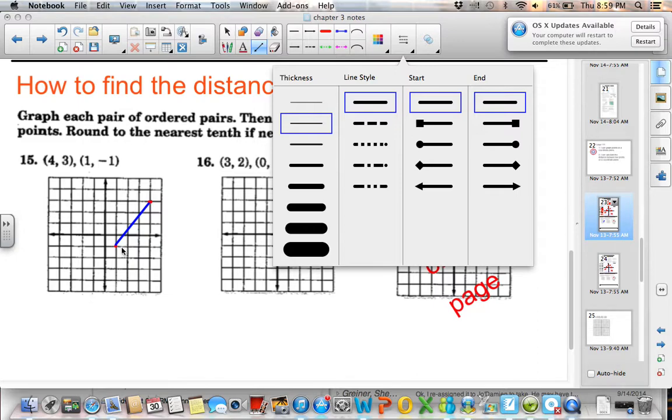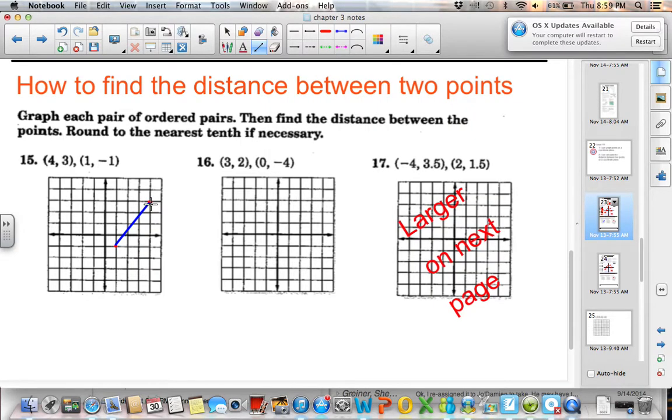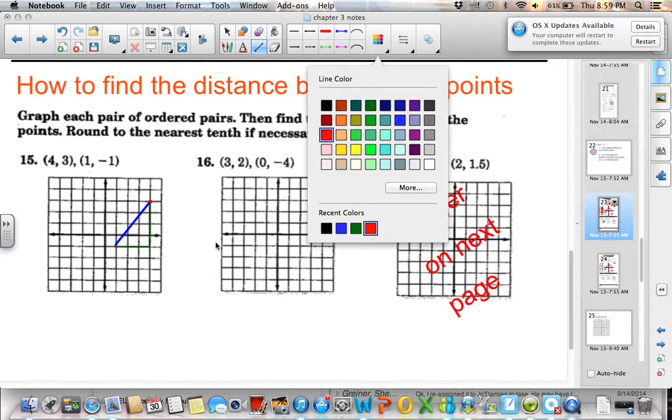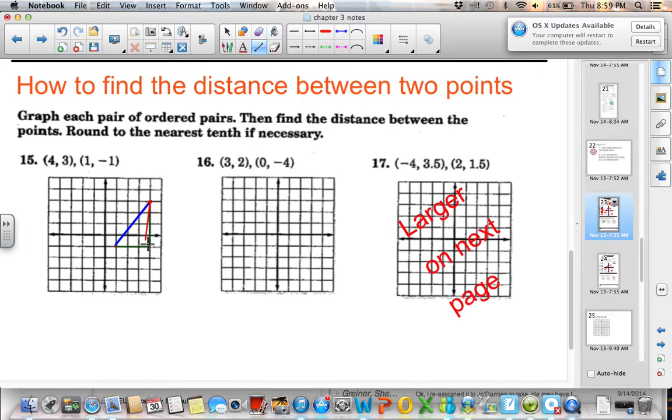I can make a right triangle by looking at a leg here and a leg here. So what I'm going to do is draw a line here and then a line to make the rest of my triangle. We need to redo this in red so it can show up a little better. So I have that, and I have that.